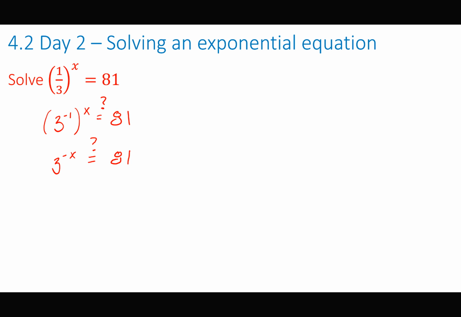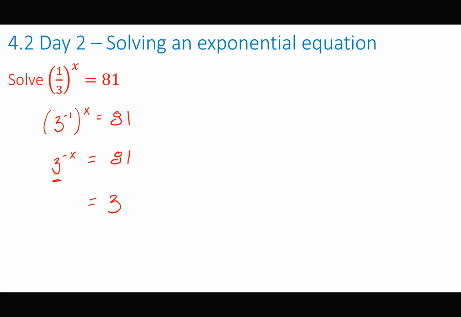Yes, you can do that, because you multiply exponents if they're separated by a parenthesis. So now I have 3 to the negative x equals 81. So I can see I have a base of 3, 81. So can I do 3 raised to some exponent that'll be the same as 81?